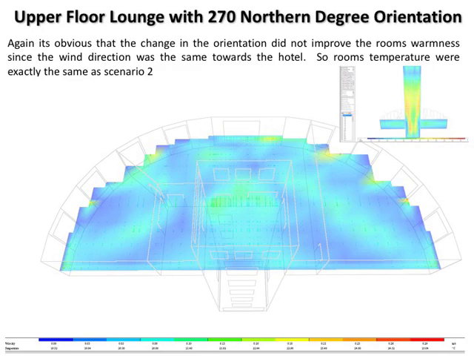Accordingly, the bottom room temperature was checked again. It's obvious that the change in orientation did not improve the room's warmness since the wind direction towards the hotel was the same. Room temperatures were exactly the same, as well as the shaft temperature.